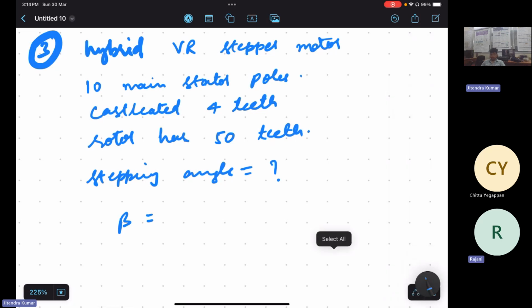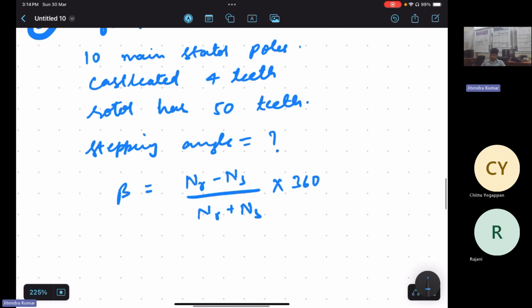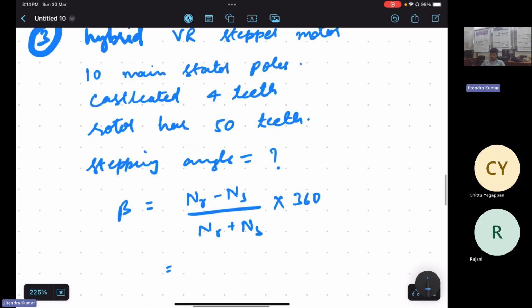It's rotor poles minus stator poles by rotor poles into stator poles into 360 degrees, sir. Exactly. So how much is the rotor pole here? 50. Regarding the stator pole, how much is it? Stator poles are 10, but how much value should we plug in here? Because it has again been castellated, 40. So 10 into 4.